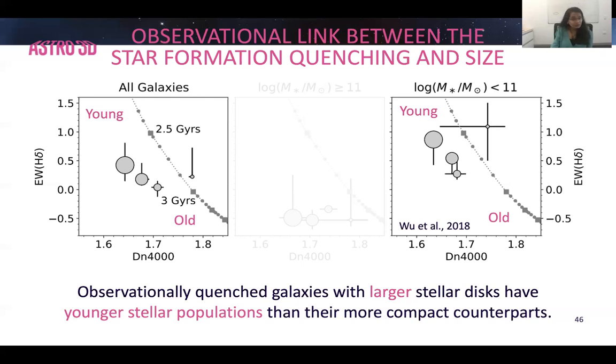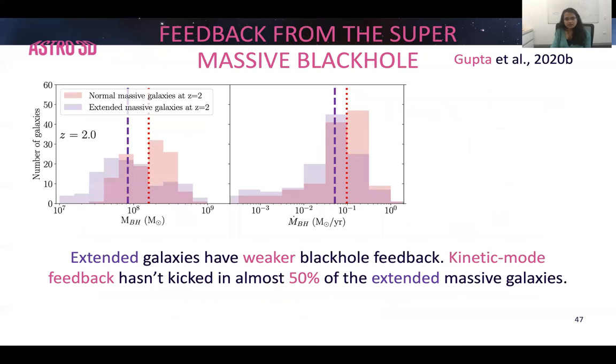Right, that's good, which was really good. But in simulations, what we can also try to answer is: why does star formation quench later in extended galaxies? One of the key features for star formation quenching is how AGN acts, especially in these massive galaxies.